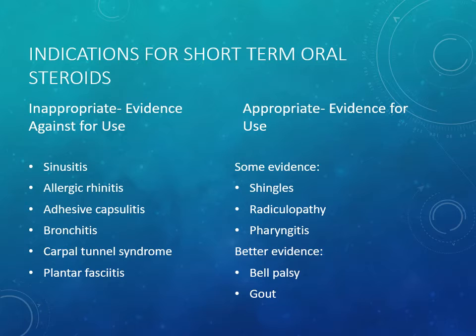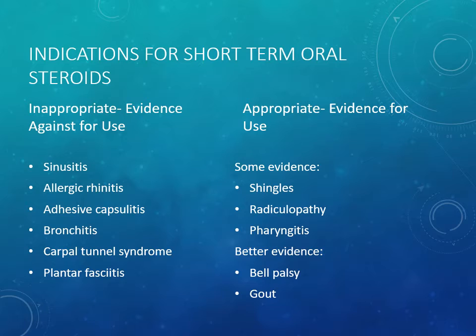There is some evidence for using short-term steroids for shingles, radiculopathy, and pharyngitis. I've seen way too many people, though, being given steroids for low back pain who don't have radiculopathy. But if you give steroids in patients that have radiculopathy, they may have improvement of function, but not in the level of pain control. It usually is not enough for pain control, and so other modalities need to be used.